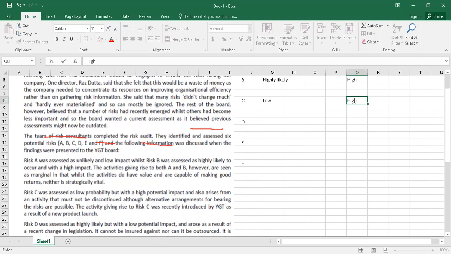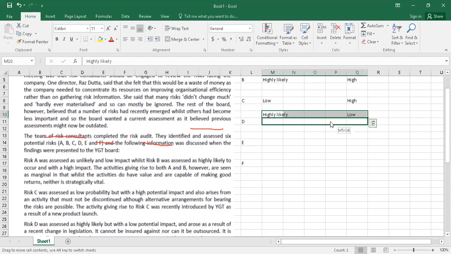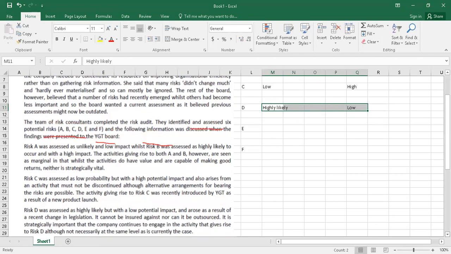Risk D was assessed as highly likely, but with a low potential impact. It arose as a result of a recent change in legislation.